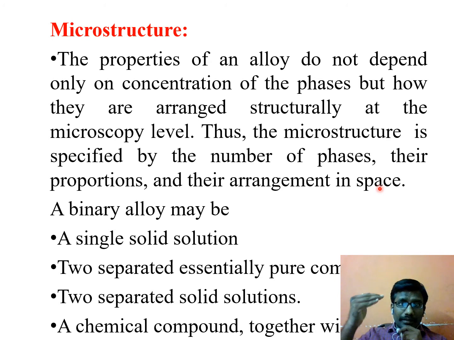At one temperature it will give some microstructure, and at another temperature the microstructure will change. The microstructure is specified by the number of phases, their composition and arrangement. Normally in a binary alloy, with two elements, it is a single solid solution, or separate pure components, or two separate solid solutions.